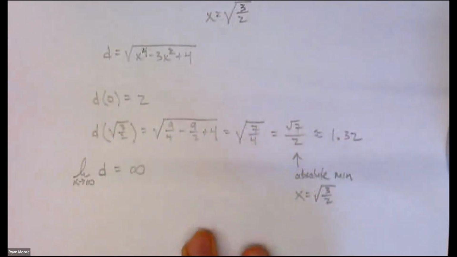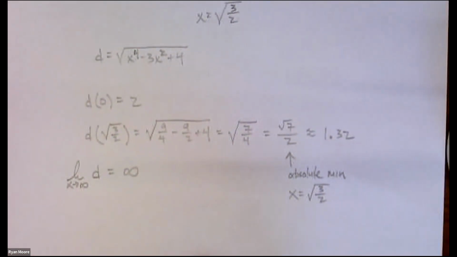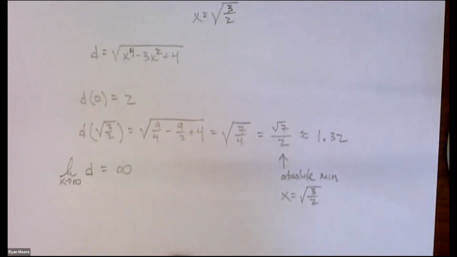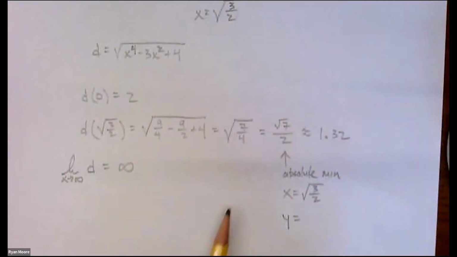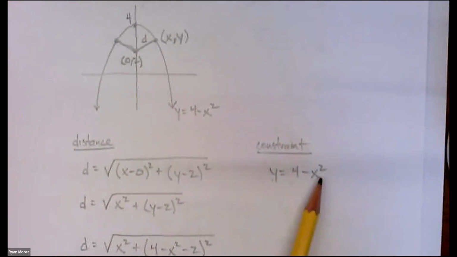So we know the x coordinate of one of the points. What is the y coordinate there? We can find the y by plugging our x into the parabola. y equals 4 minus x squared.